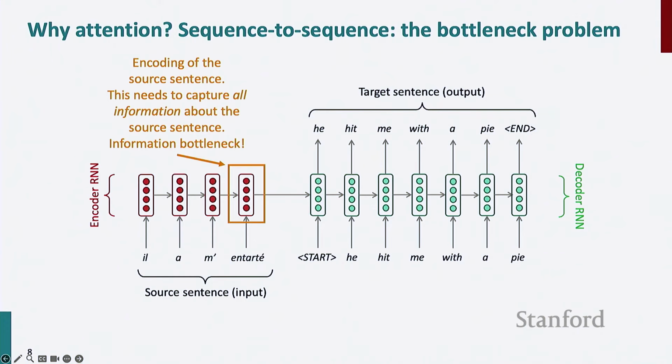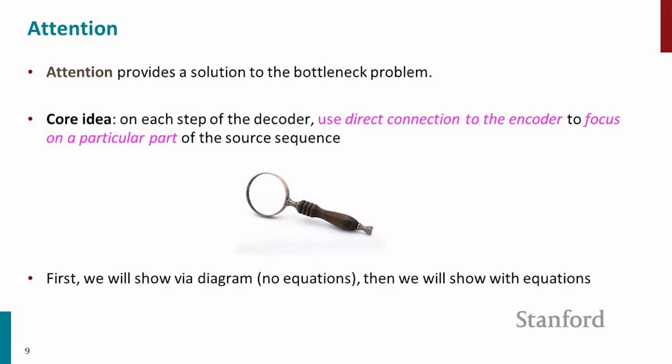And so that doesn't seem like it's a very plausible model. So the idea should be that our neural network should be able to attend to different things in the source so that they can get information as needed looking back in the sentence. And so this is the idea of attention.